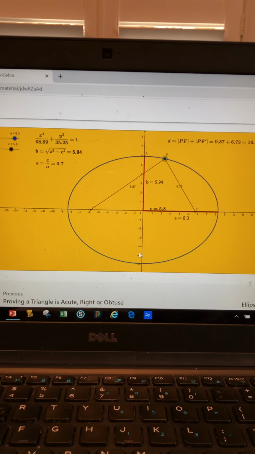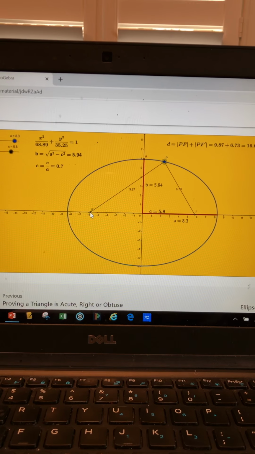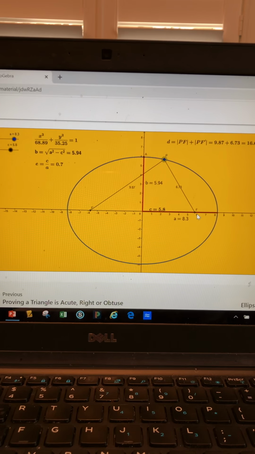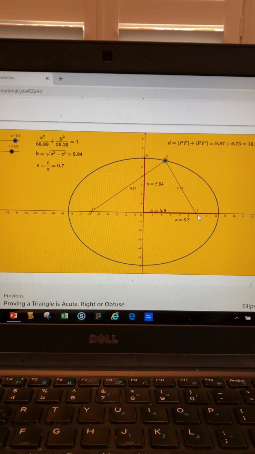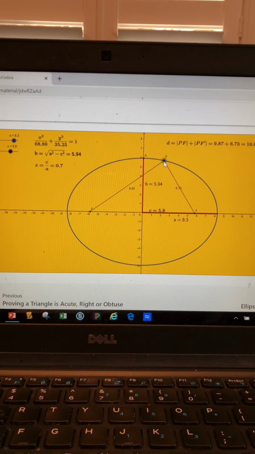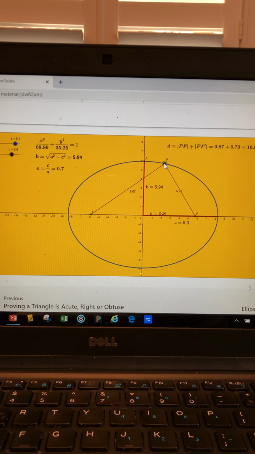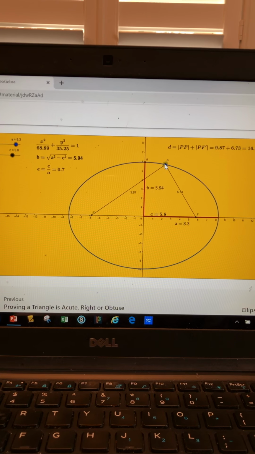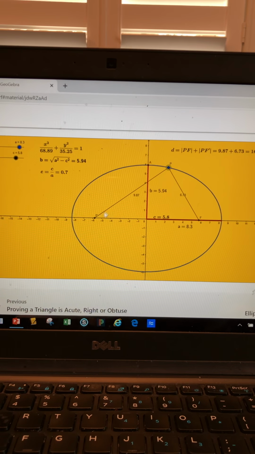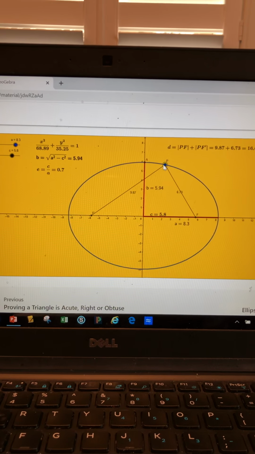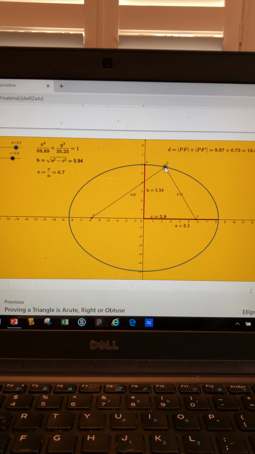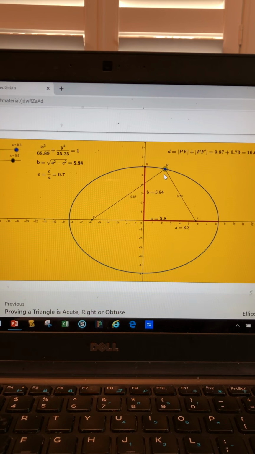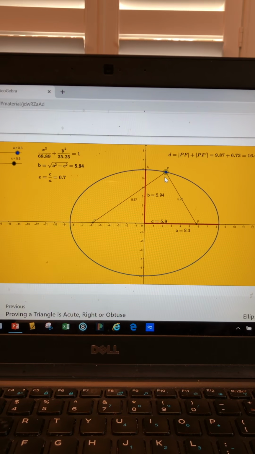So if I have one focal point and another focal point, the definition of the ellipse says that if I pick a point on the ellipse, point P, and if you look at these green lines, the distance from P to F plus the distance from P to F prime will stay constant as I go around the ellipse.